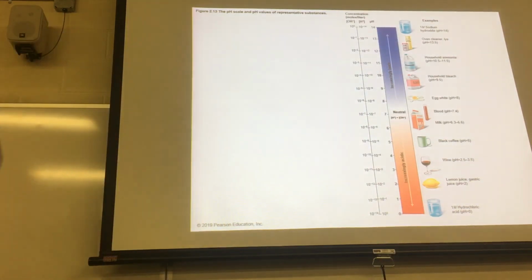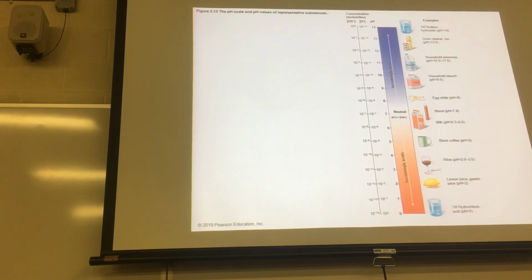It's 7.3. But say 7.4 is the pH of blood, so that means it's neutral. It's a neutral product, okay? So if you want to be around 7 and neutral, even though it's a little more acidic, this is pretty neutral.